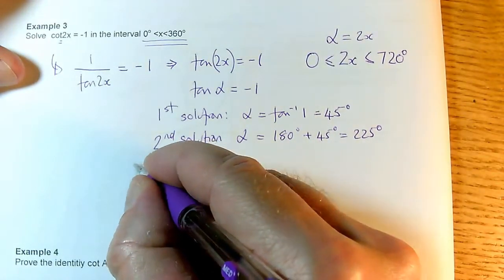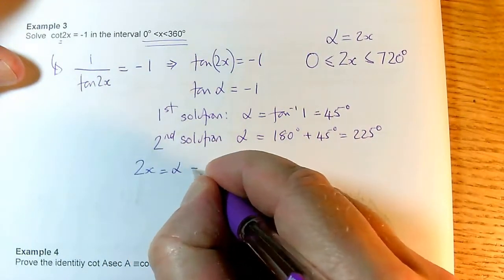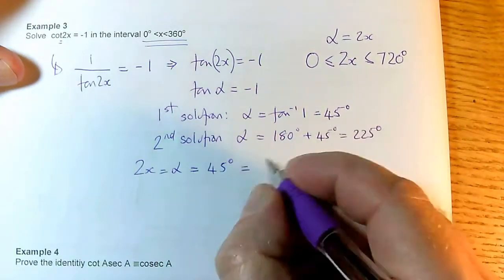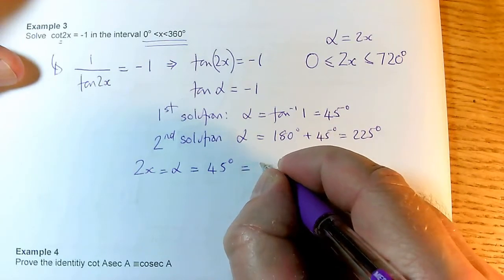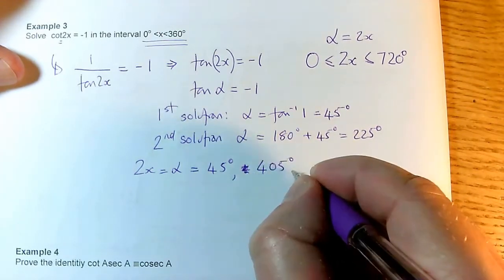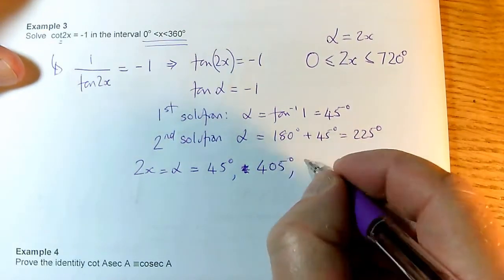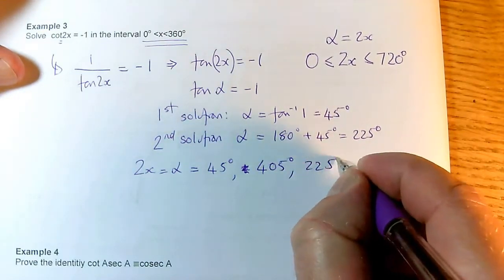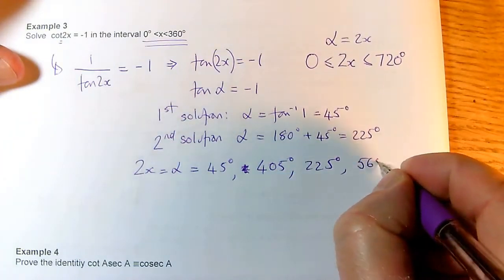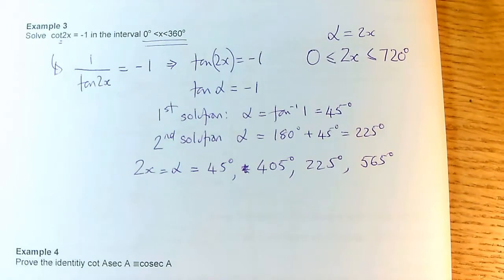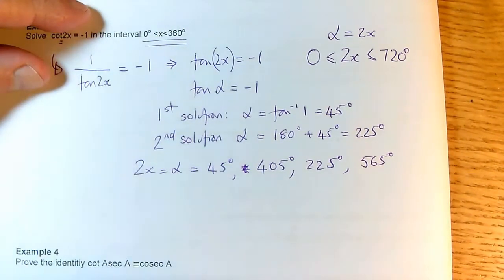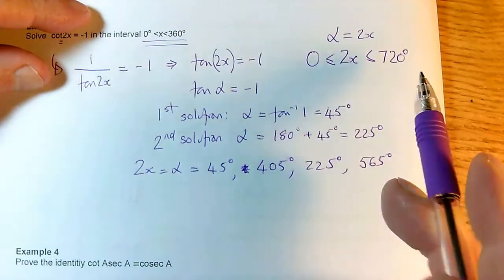So alpha, which is 2x, could equal, well, it could be the 45 degrees, or it could be a 360 repeat of that, which add 360, you get 405 degrees, and then it could be 225 degrees, but it could also be the 360 repeat of that, which is 585 degrees. So I actually get 4 possible solutions for 2x. More 360 degree repeats will take me outside this interval.